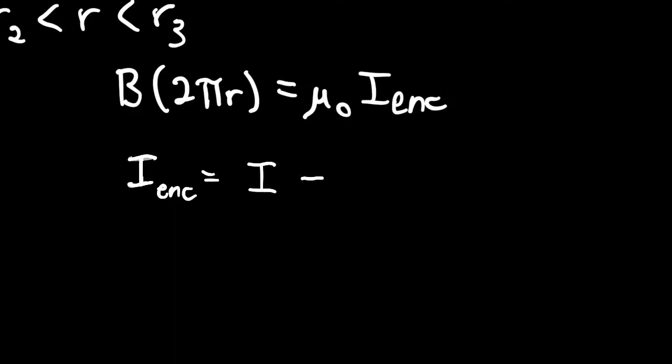So I have to subtract that off. And then I have to scale this appropriately. So I have to do the area enclosed over the total area times the total current. Same scaling I did in part A, just going to have different areas because the wire is different size.